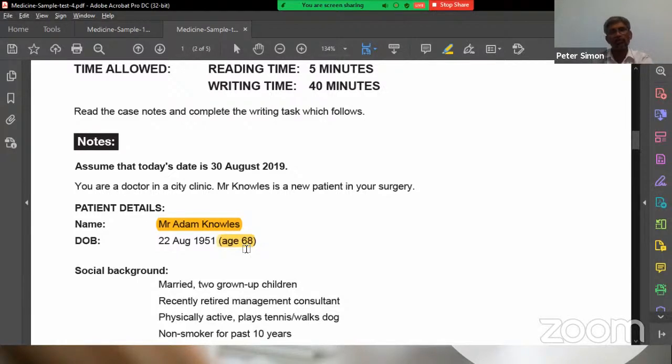When age is not there, then consider date of birth. These are the two things which are very important. I'm teaching individual sentences, that's all.